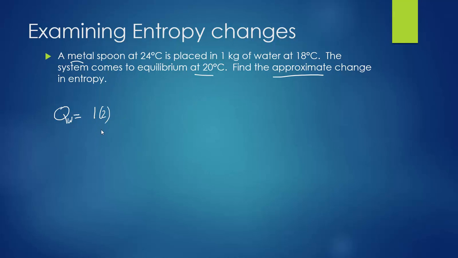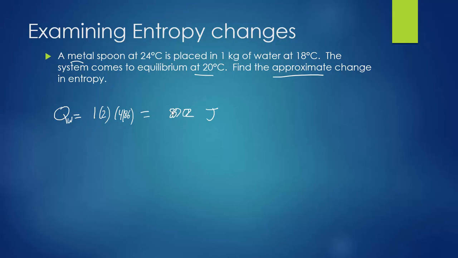Now, technically, yes, I should use Kelvin, but a change of 1 Kelvin is the same as a change of 1 degree Celsius, so that doesn't matter. And then times the specific heat of water, which is 4,186 joules per kilogram degree Celsius. And so if we multiply this all out, we get 8,372 joules of energy.